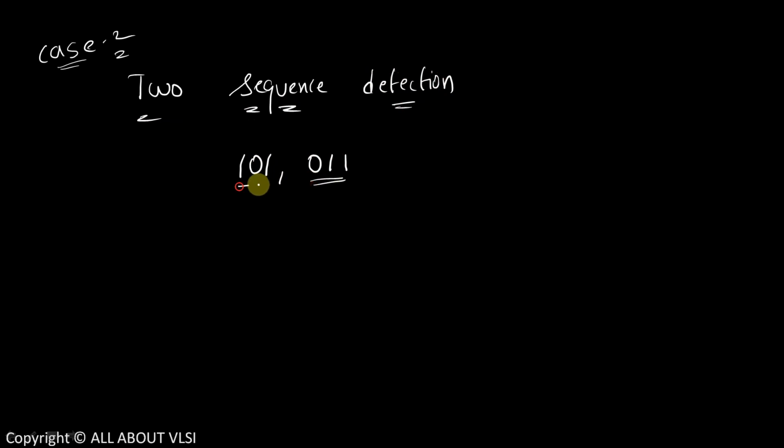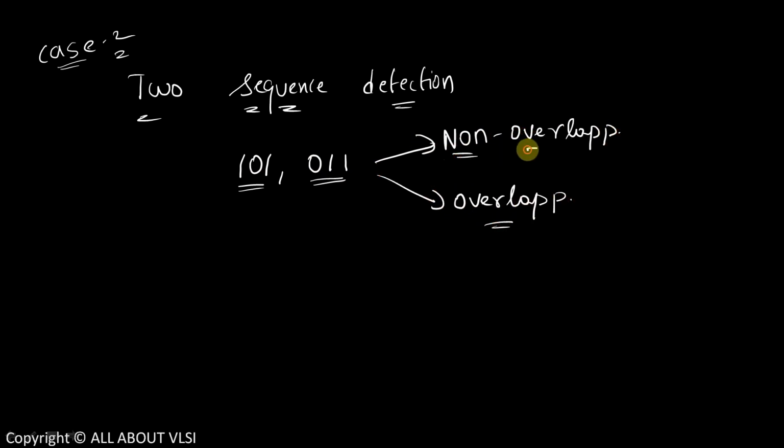These are the two sequences that should be detected, and if any one of the sequences has been detected, your output should be equal to 1. But here also again we have overlapping and non-overlapping. So let us try to discuss this overlapping and non-overlapping. Let us try to understand the example of non-overlapping first.